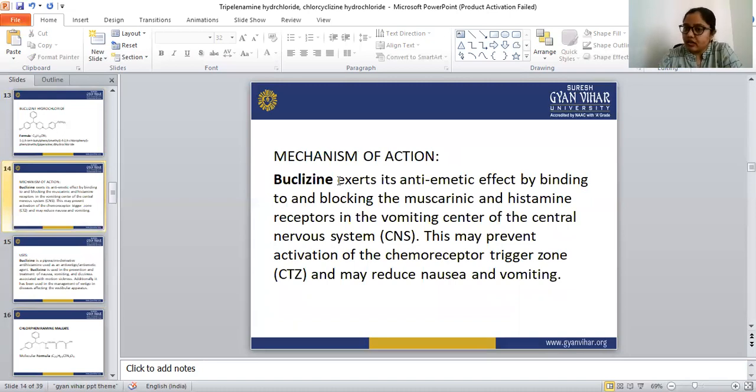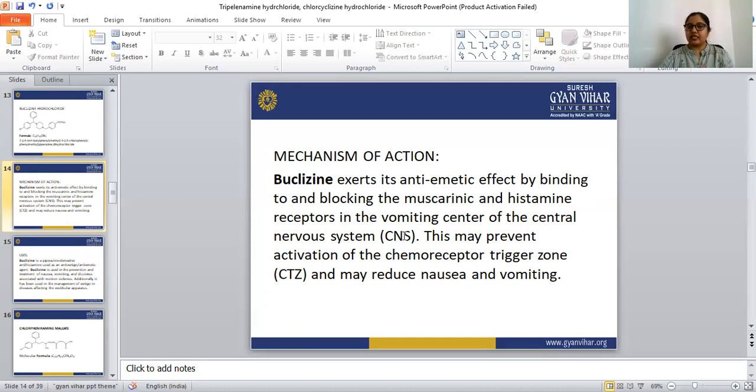Antiemetic means to treat or prevent nausea. So how does buclizine work? Buclizine blocks the muscarinic and histaminic receptors in the vomiting center of the central nervous system.